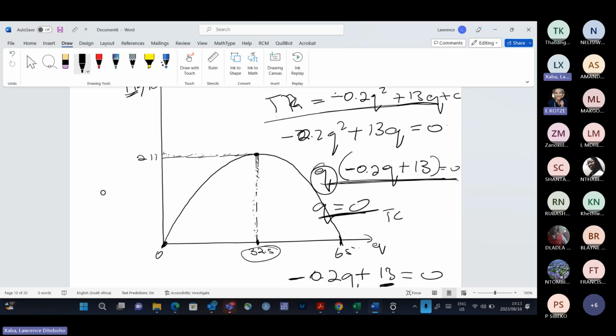If we want the values of Q and total cost, you can see that our TC is 30 somewhere here. So you know that it just goes straight. You must find the values of these 2 points.